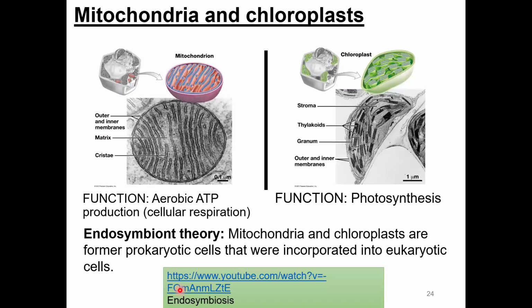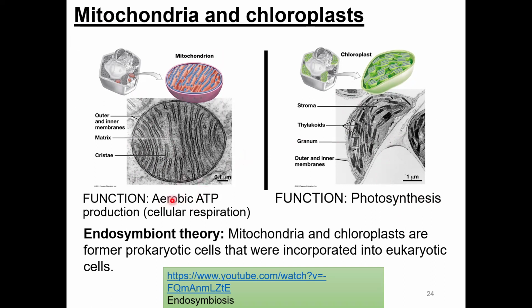So now we have the mitochondria and the chloroplasts. Both of them do aspects of cellular respiration. So for animal cells, this is more for cellular respiration, whereas chloroplasts are particularly for photosynthesis.